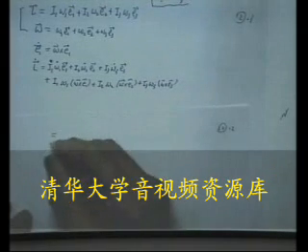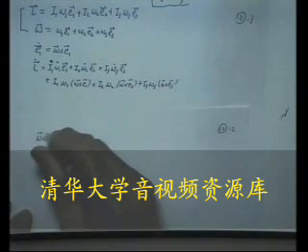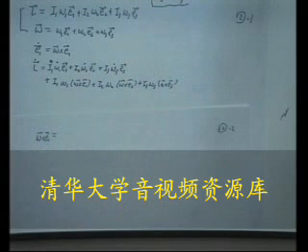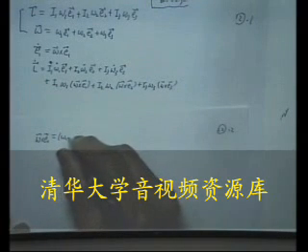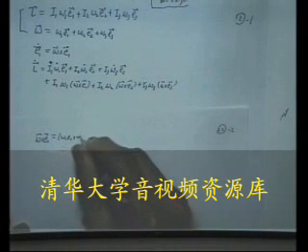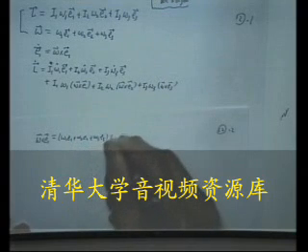But omega cross E1 is equal to omega 1 E1 plus omega 2 E2 plus omega 3 E3 cross E1.